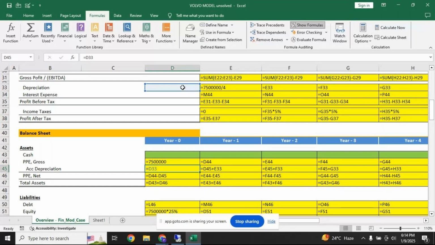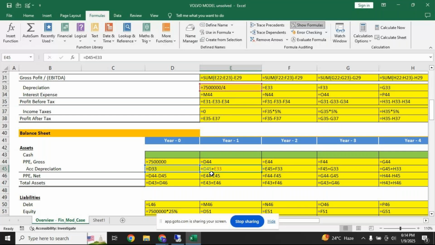Initially, the first year there is no depreciation, so there is no decrease in the value of assets. Next year, last year's depreciation value along with this year's depreciation value is going to get added. That will be called accumulated depreciation. Accumulated means what? Which is getting added on.